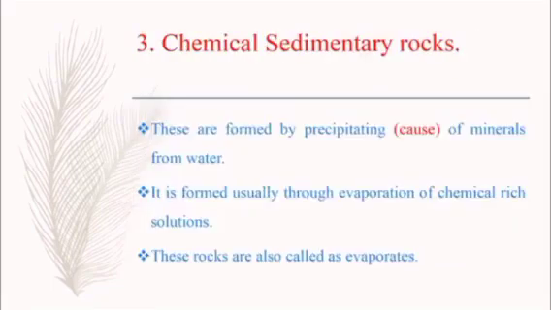The third one is chemical sedimentary rocks. These are formed by precipitating of minerals from water. It is formed usually through evaporation of chemical rich solutions. These rocks are also called evaporites.